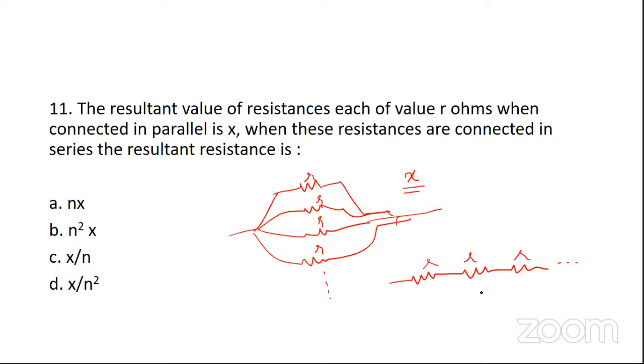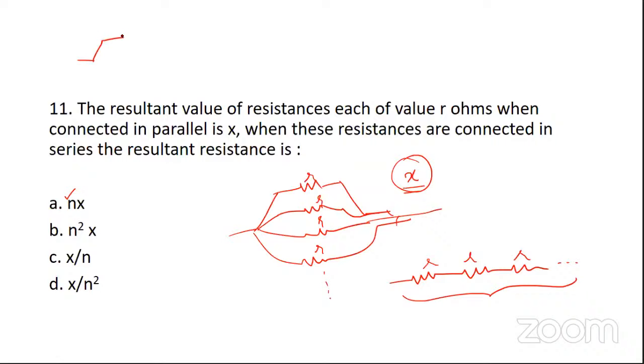Now what we want to do is express the resultant of these in terms of X. No, I think the number of resistances is also given in the form of N. If you want, you can also take some trial number, either 2 or 3, whichever you want. All right, let's try taking 3.